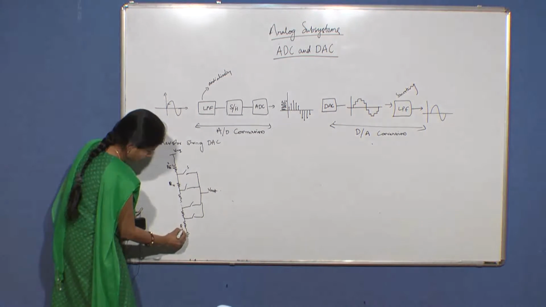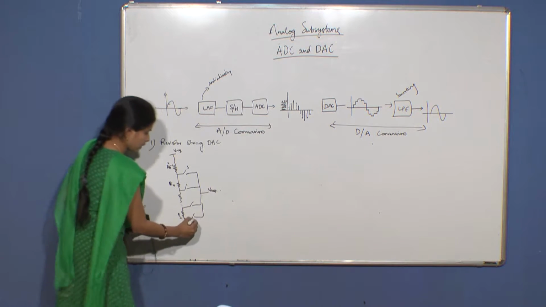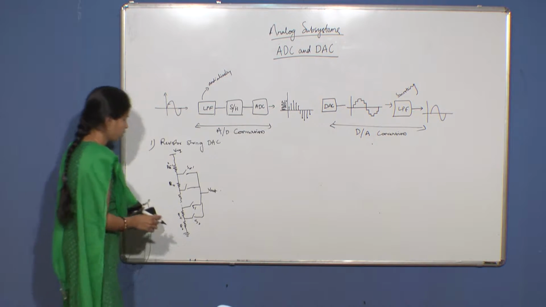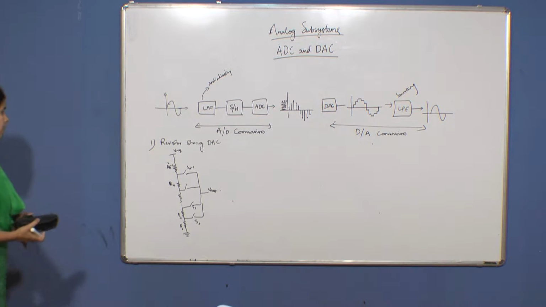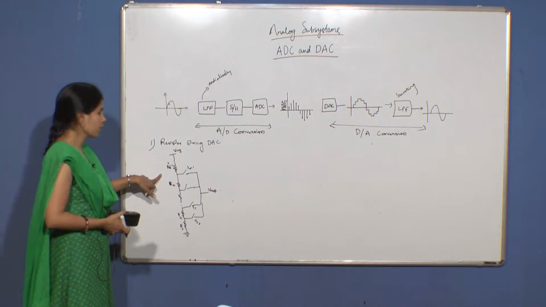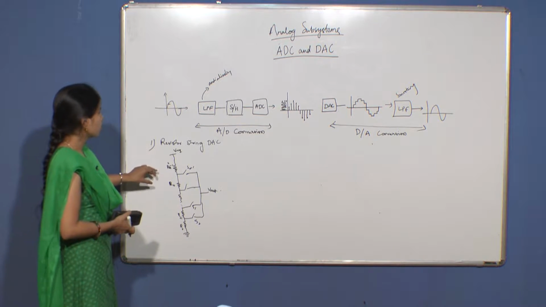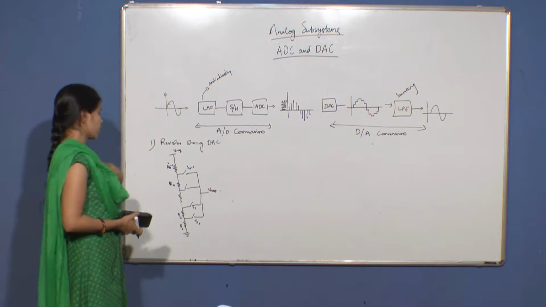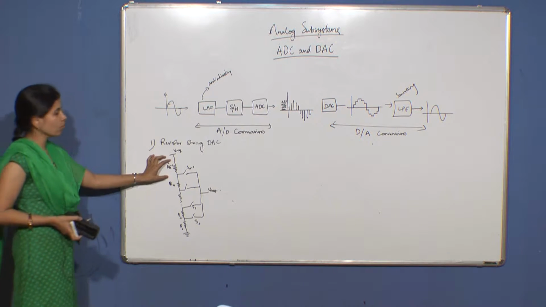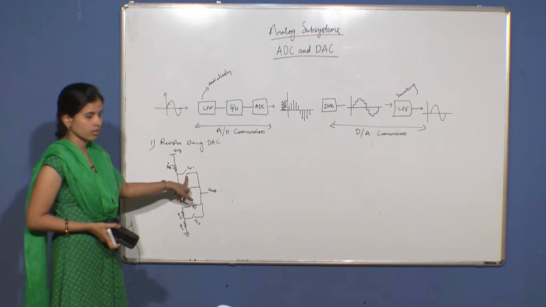So this is R0, R1 and so on. Similarly, you have switches S0, S1, up to S power n minus 1. So you need n switches and n resistors in order to design a resistor string DAC. The resistor string DAC is based on the voltage division of the resistors, which are tapped by the switches.